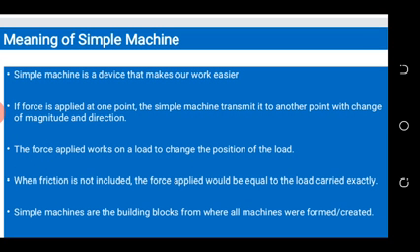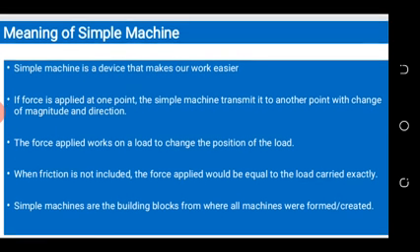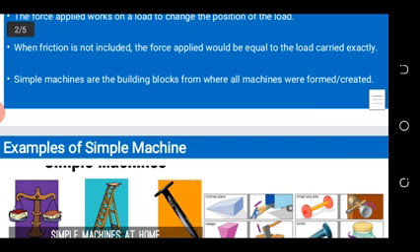It is a case where the effort you have applied to a load is opposed by another force. That is friction. So when friction is not present, the amount of effort you have put in will be equal to the amount of load the machine can help you process.